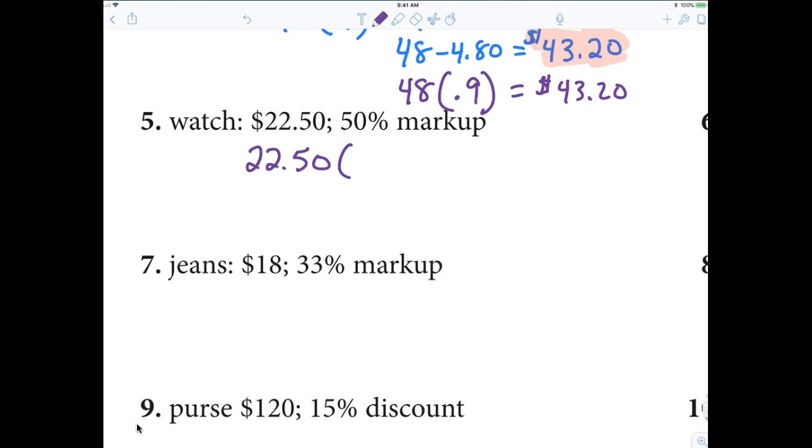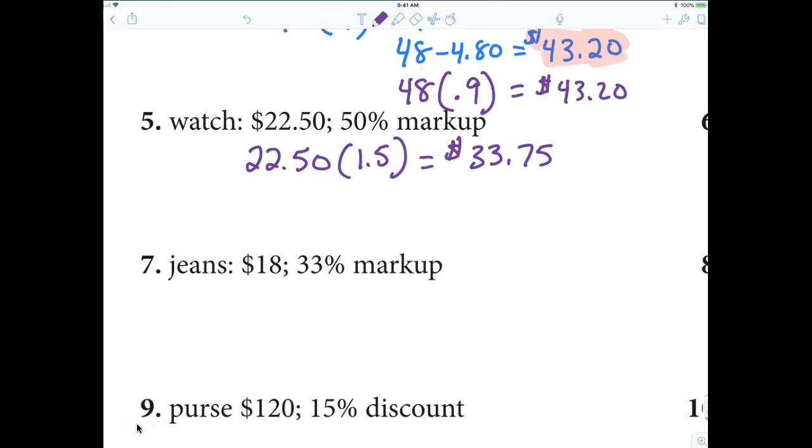Now I think you understand what I'm trying to tell you. You with me now? All right. So take 22.50, Julia, multiply by 1.5, and then I'll wait for your answer. $33.75.